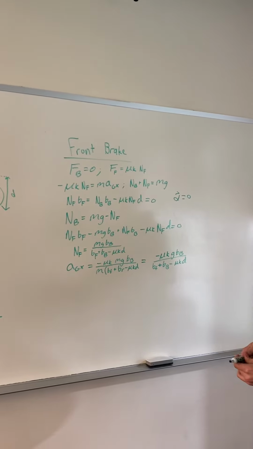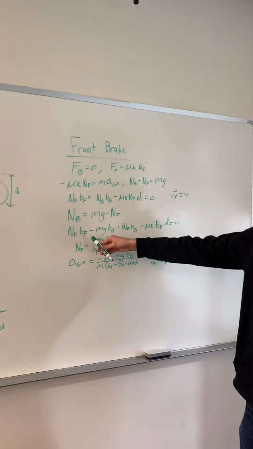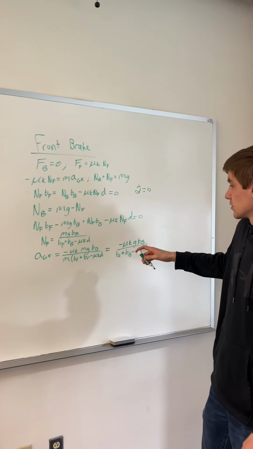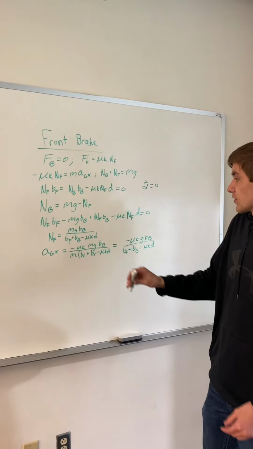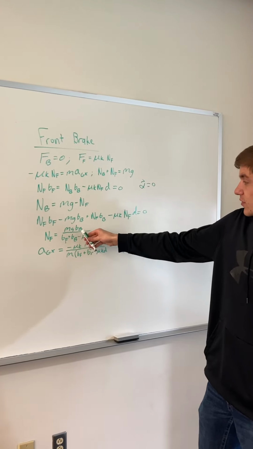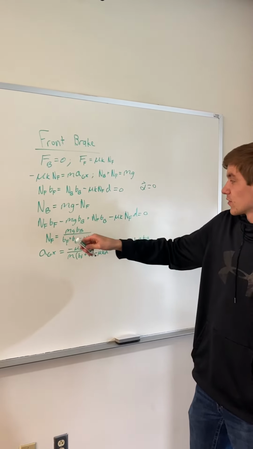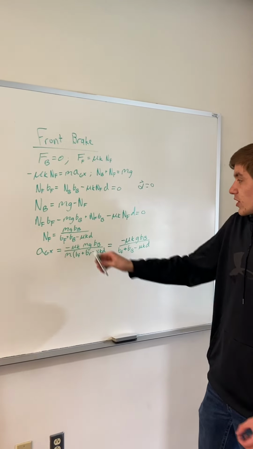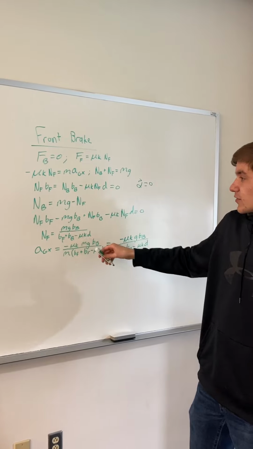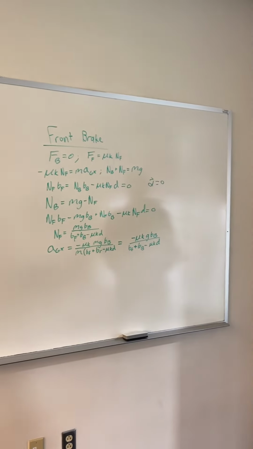So now solving this through, we can combine the equations. We're going to get this long equation, solving for that normal force in the front direction. Separating it out, we're going to get mass times gravity times distance from the back brake, all divided by distance from front brake plus distance back brake minus friction times d.